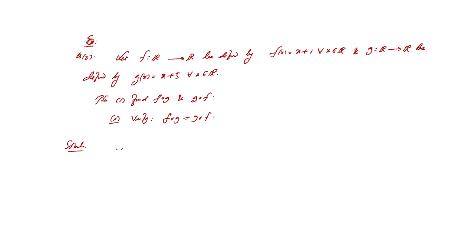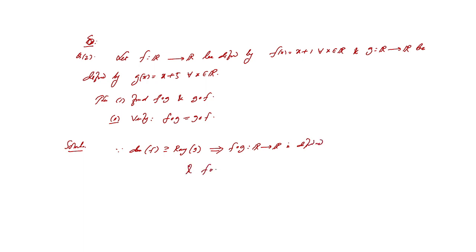So here we just see domain of F is a superset of range of G. That implies F composed G from R to R is defined.